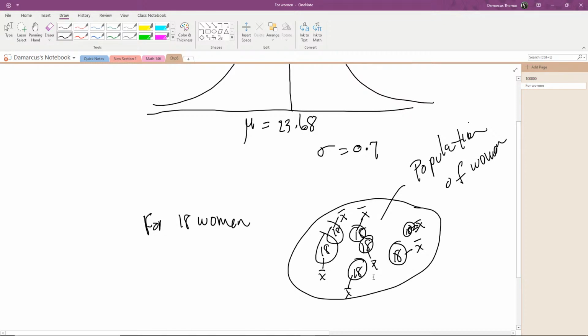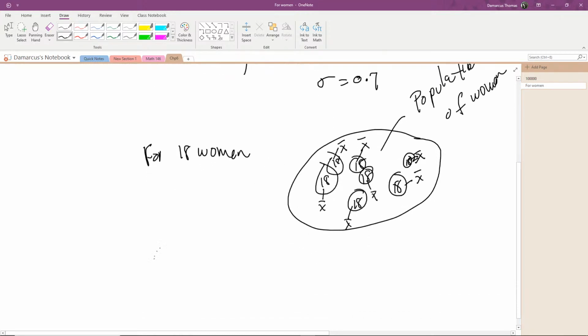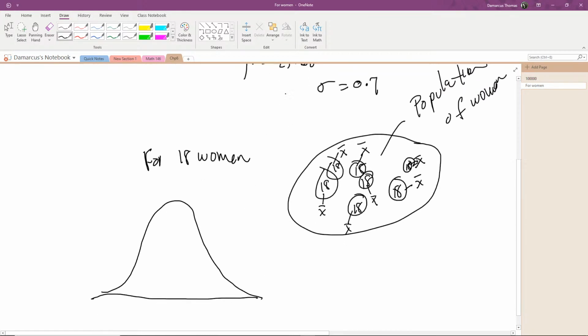But guess what? It turns out the mean of the sampling distribution of means is equal to the population mean. So the sampling distribution is different, but there is something that's the same. The mean is the same.